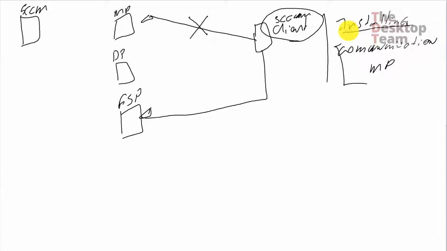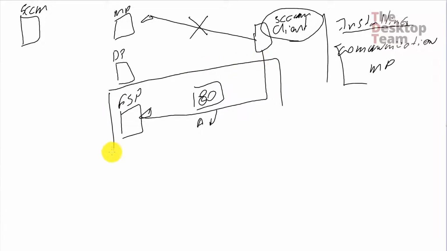The communication with the fallback status point happens with port 80, and it's anonymous. So this normally is installed in another server with only the fallback status point for security reasons, because we are just accepting anything that comes with port 80.